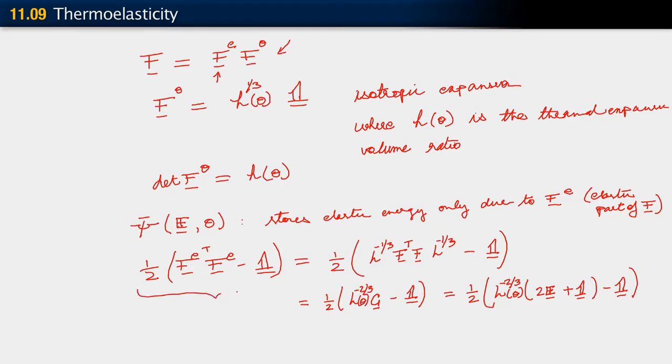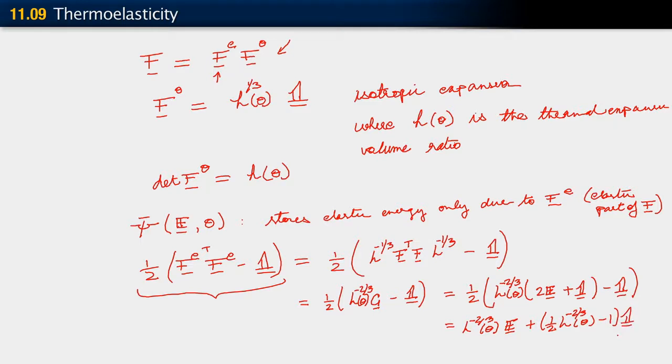Okay, so when we continue with this, we get h to the minus 2/3 as a function of theta times E, plus 1/2 h to the minus 2/3 as a function of theta minus 1, times the isotropic tensor.